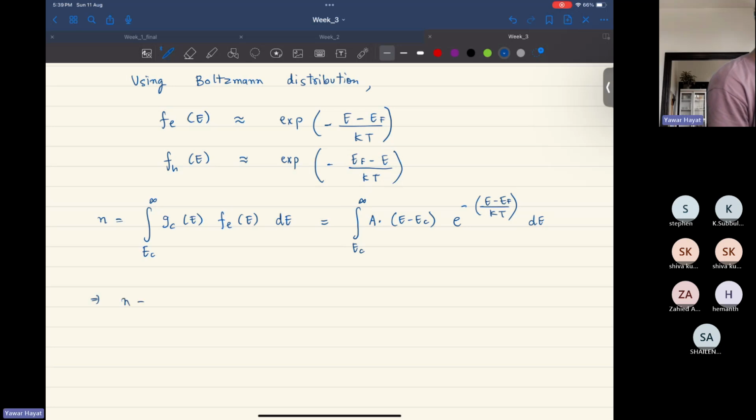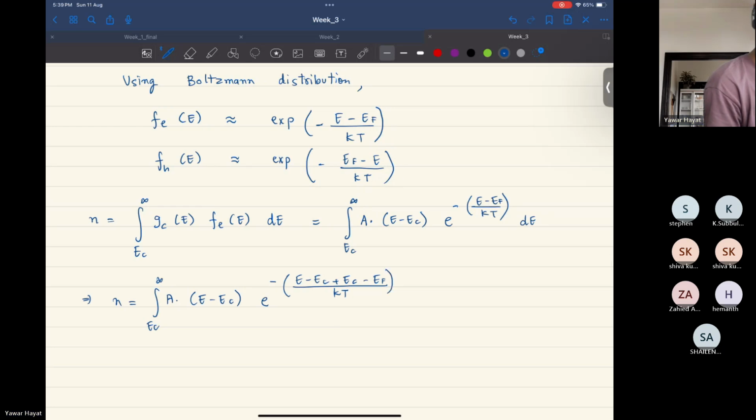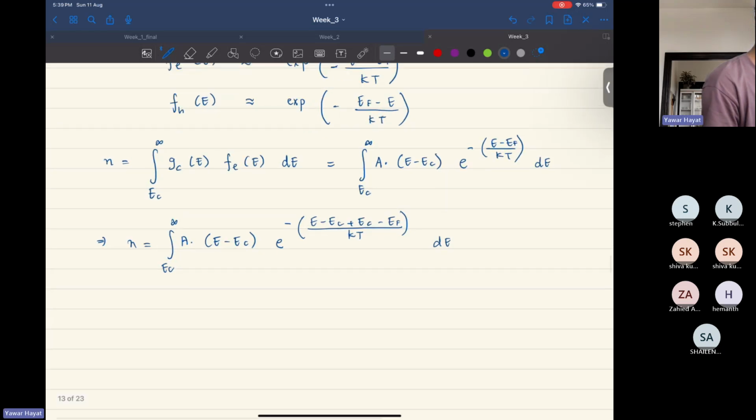So this implies that n is equal to integral EC to infinity A times E minus EC exponential of minus, E minus EC plus EC minus EF, whole divided by KT, dE. Right.